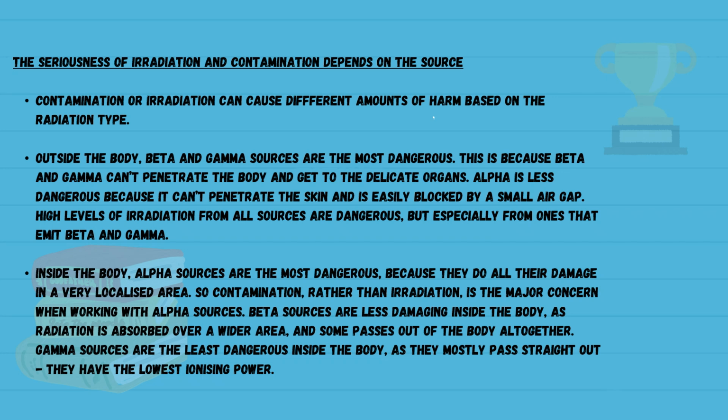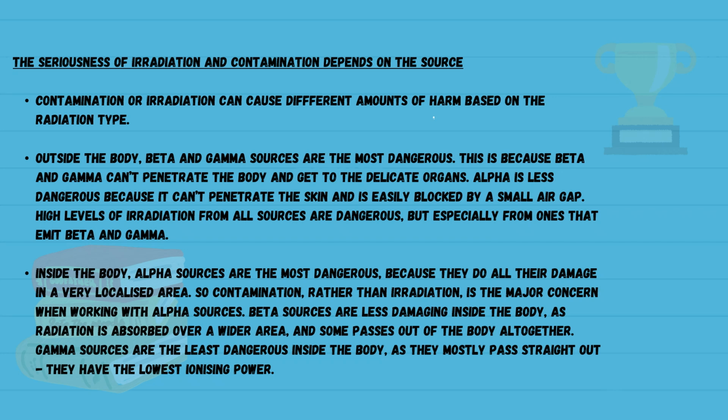This is because beta and gamma can penetrate the body and get to the delicate organs. Alpha is less dangerous because it can't penetrate the skin and is easily blocked by a small air gap.